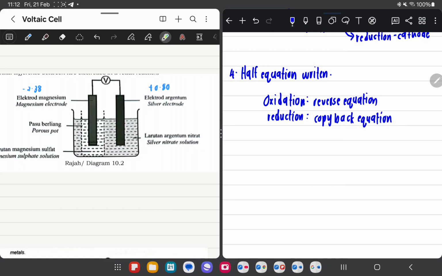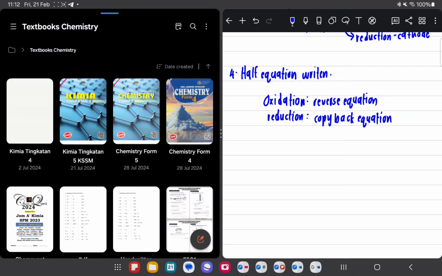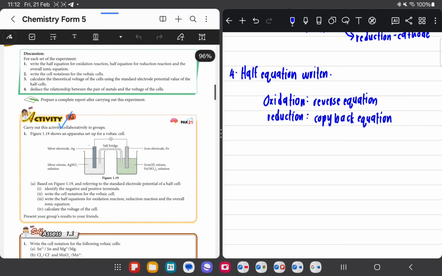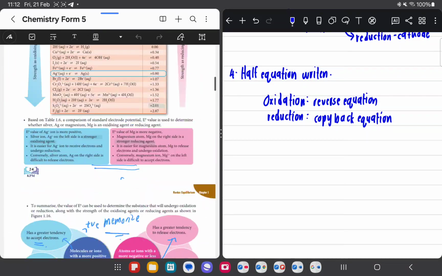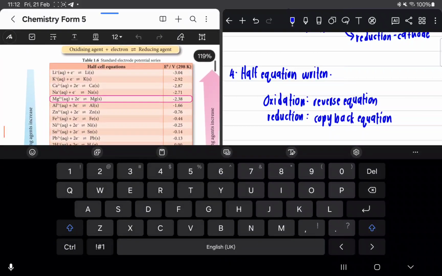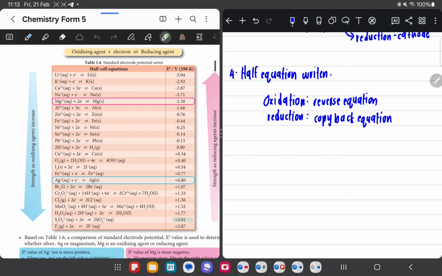You have your standard electrode potential table, right? Let me show you again. Okay, this is your standard electrode potential table, correct? So if you're doing magnesium, after you determine which one is anode and cathode, remember that all the equations given here are for reduction only, so for oxidation you have to reverse them.